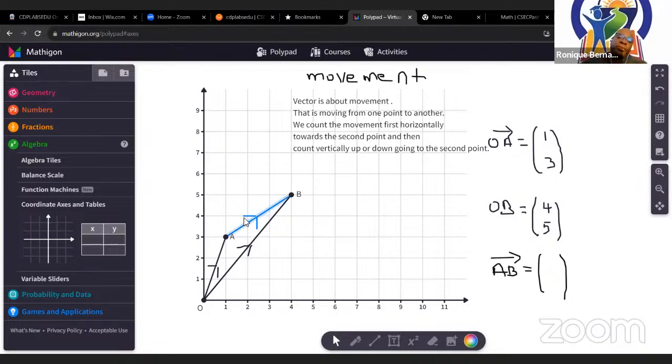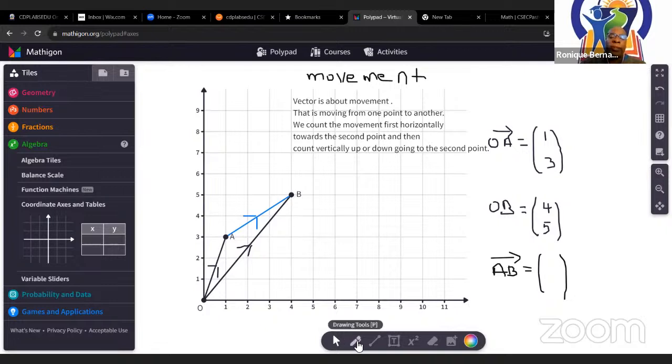So watch this now. So we're going to count 3 horizontally, as we said, towards the second point. So the second point is right here. So we're going to count 1, 2, 3 towards it. And then we'll count what now? Vertically up, going to the second point. 1, 2.